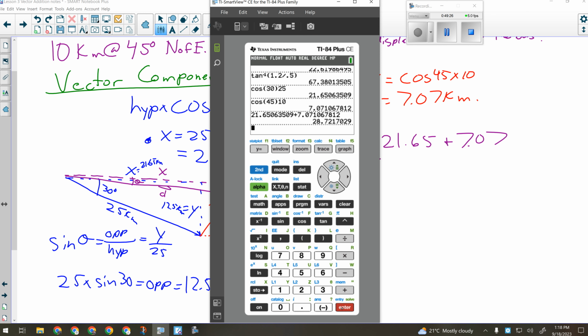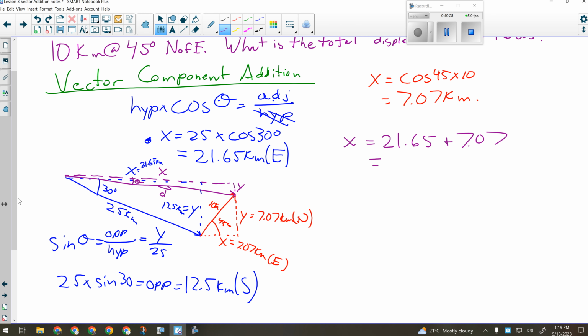Okay, so 28.722 kilometers. Okay, and then for y, I'm still going to add them together. I'm just going to make south negative, because in one of them I go south and the other I go north.